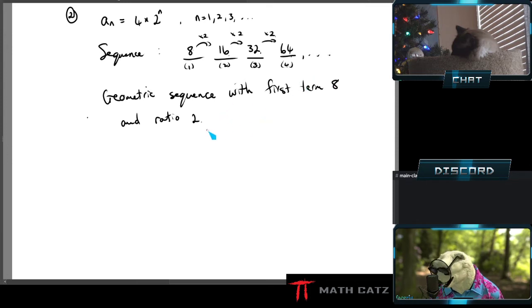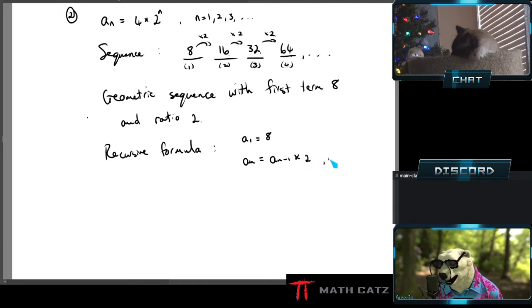The first term is 8, the ratio is 2. Now they gave me an explicit formula. The recursive formula is the other type that I have to write. It says, the question: first term 8, get a term by taking the previous one and multiplying it by 2 for any of the other positions.